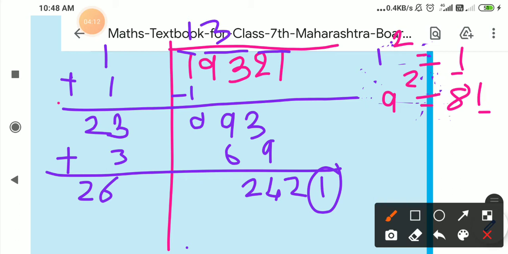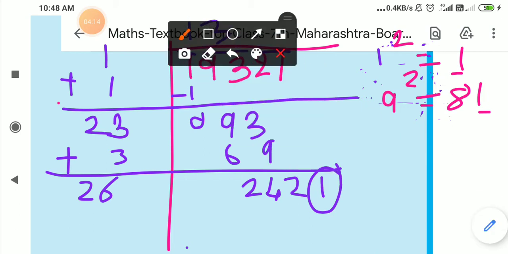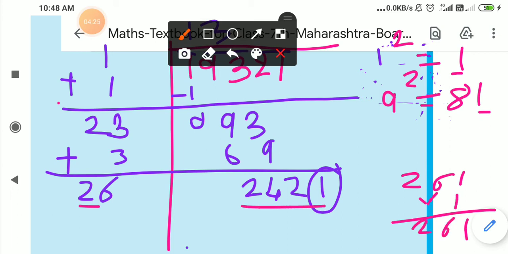So you just write down this number. So these are the steps. 2 6 here write down, just now we did in the previous step. 261 into 1, if you do it here, you will get the answer 261. This number is very small compared to 2421. Now we have to take 9 here, because 9 square's unit place is 1.